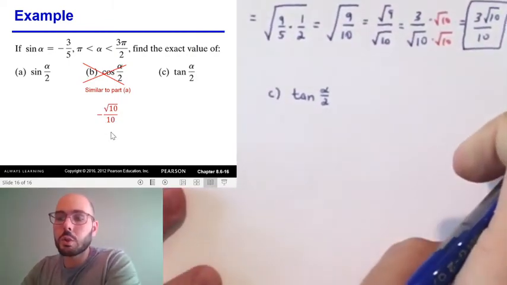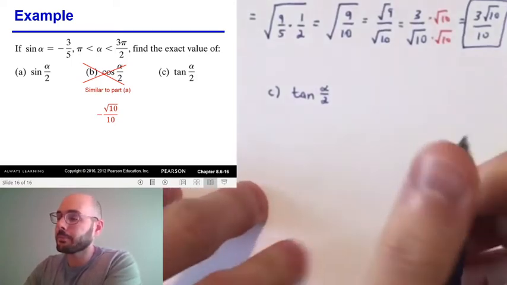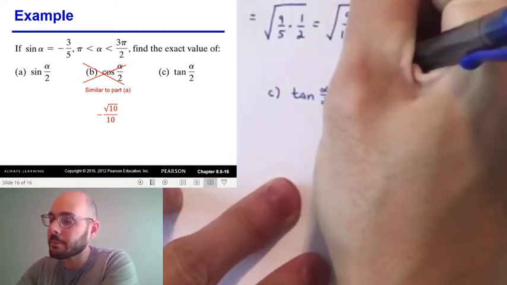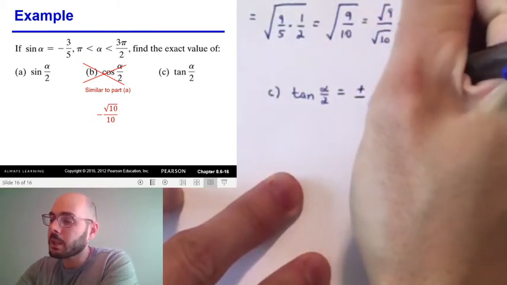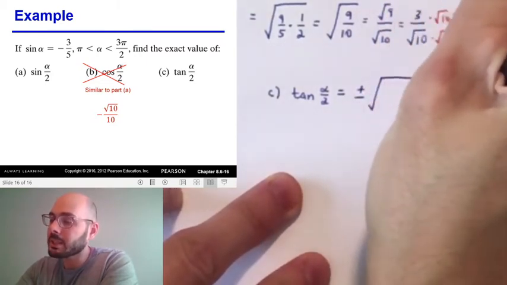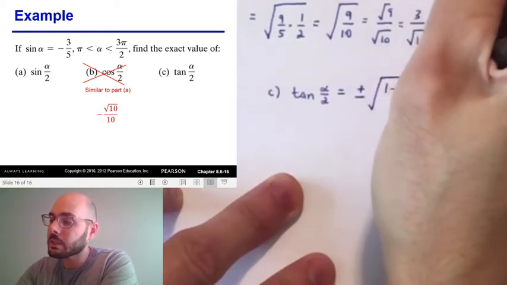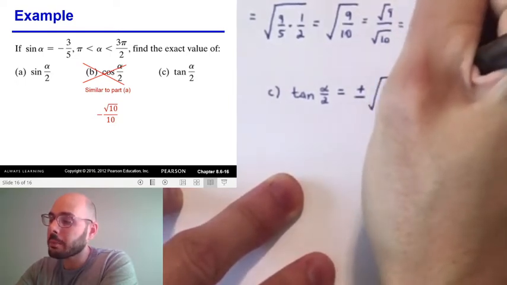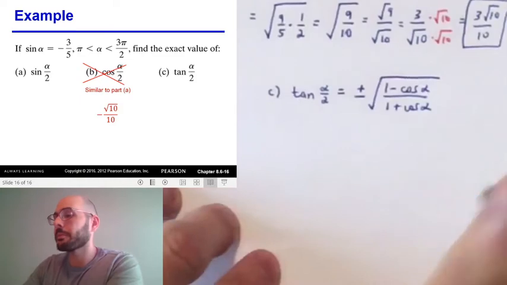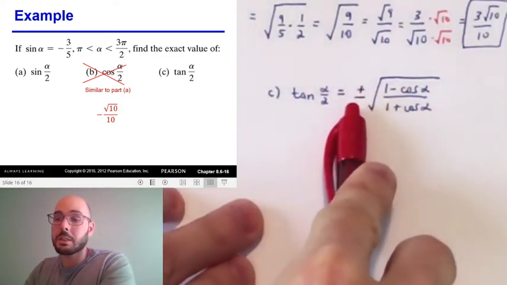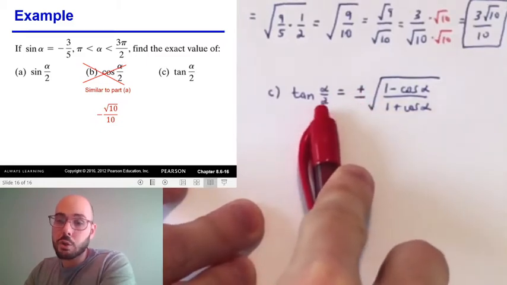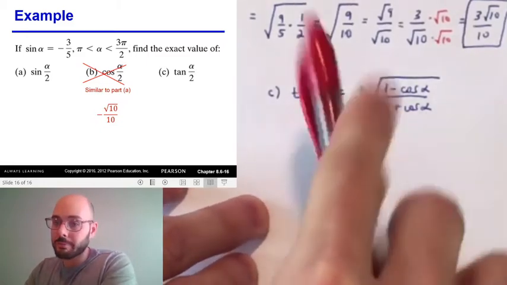I'm going to do part C together with us. So here's part C. Tangent of alpha over 2. I'm going to write down the formula. So the formula is plus or minus the square root of 1 minus cosine alpha over 1 plus cosine alpha. Now we have to determine if our answer is going to be positive or negative based on the quadrant of alpha over 2.